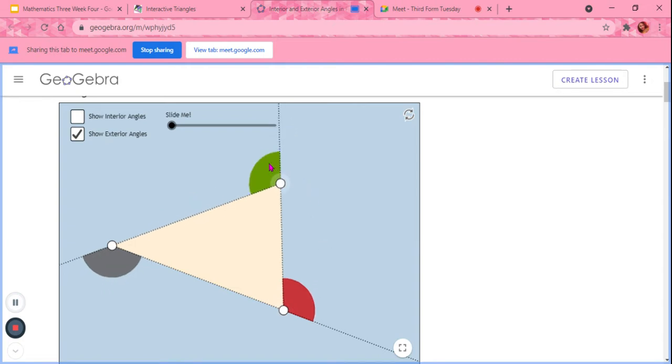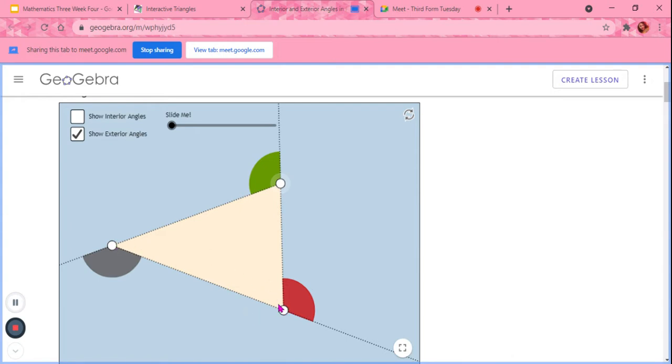Exterior angles are angles that are formed by one side of the triangle and an extended side. So this is what we call the exterior angles, the one in gray, the one in green, and the one in red. Now, theorem number 3 says that if I want to calculate this one in green, I will go to the angles inside of the triangle and I will add this one and I will add this one to it.